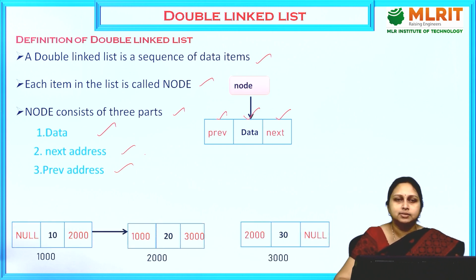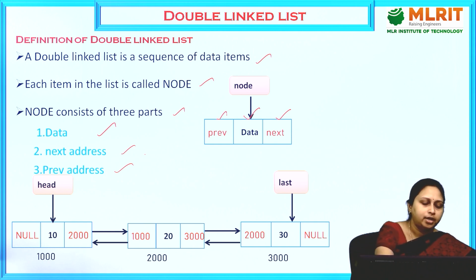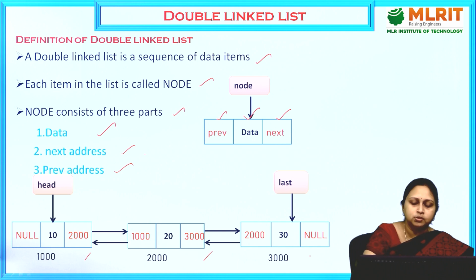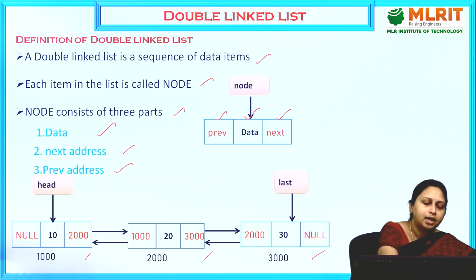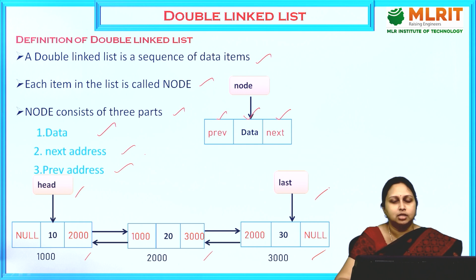Let us see one example of how we represent a double linked list. This is how we represent a double linked list, right? Here we have considered three nodes. All three nodes are connected, right? Here the first node is represented with head and the last node is represented with last, the same thing which we have seen in the single linked list also.